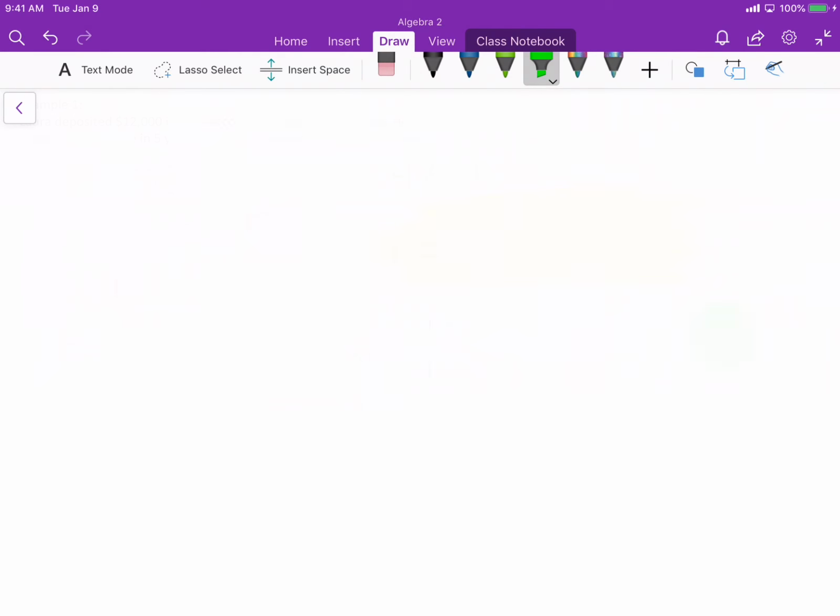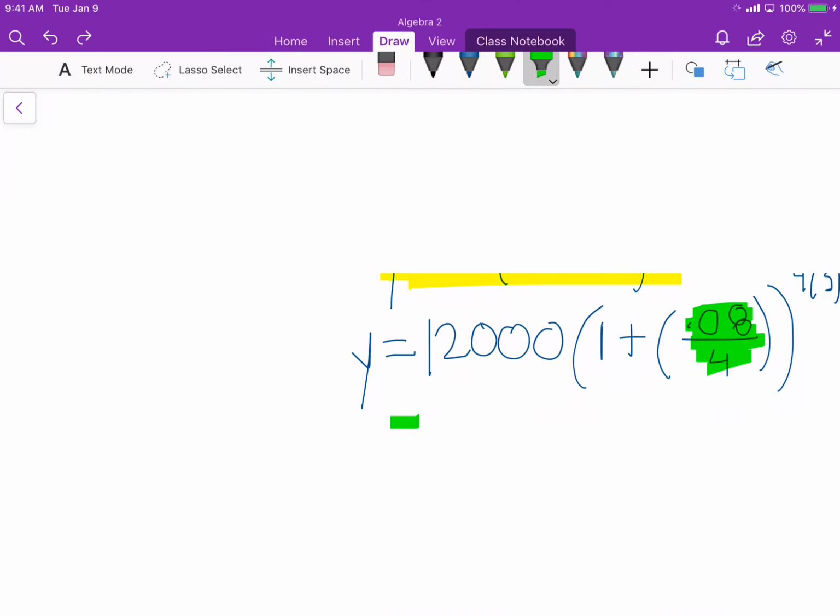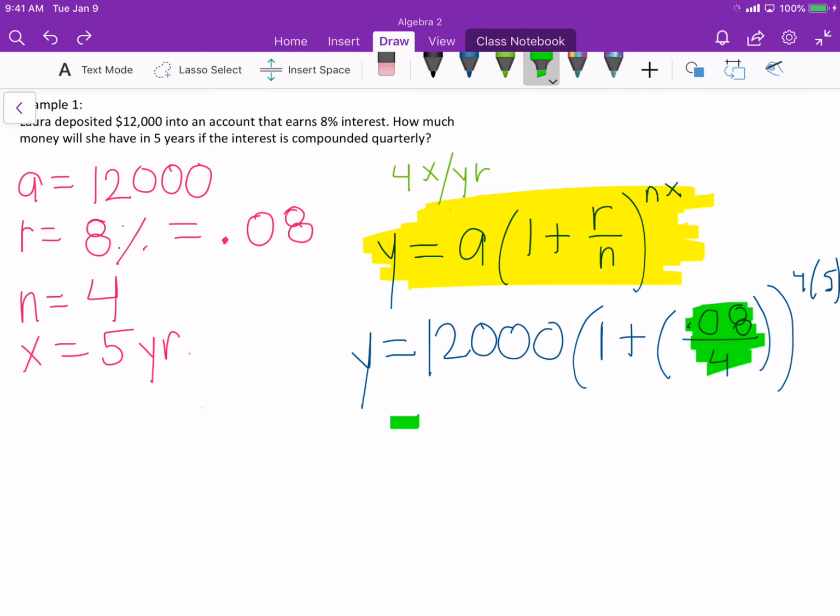So everything inside this parentheses would simplify down to 1.02. Let me change back to my pencil. My 12,000, I haven't multiplied that out. So I would have 12,000 times 1.02, all raised to the power of 4 times 5, which is 20.